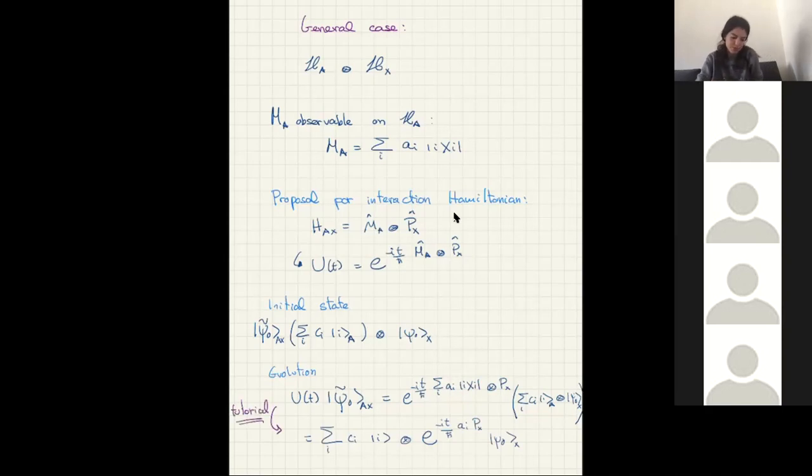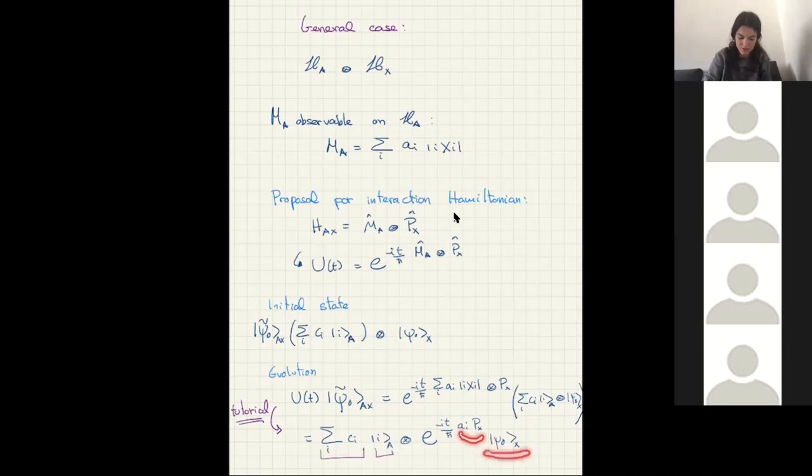Okay, to prove that this is what's happening. But now what we have is the sum of the coefficients here, the state i on our system A, and then depending on which state we had here, something different will happen to the wave function.